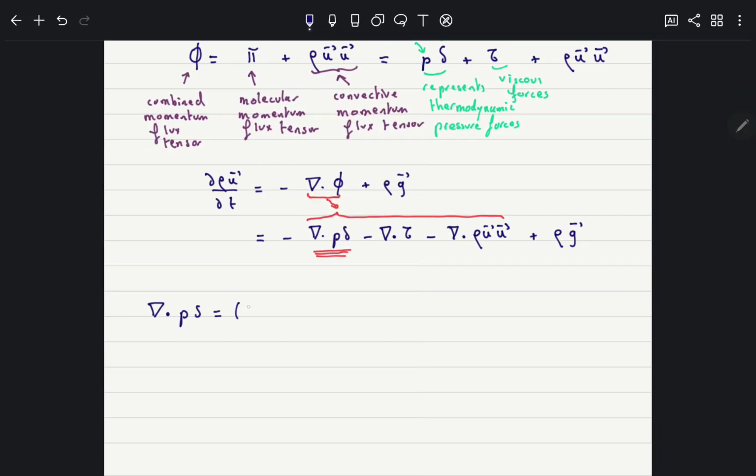So you would have d over dx, d over dy, d over dz. That's our vector field, and we're going to multiply it by p. So p is just a scalar field, multiplied by the identity matrix, where we have 1, 0, 0, 0, 1, 0, and 0, 0, 1. That represents the Kronecker delta.